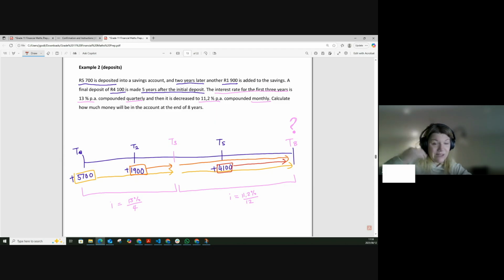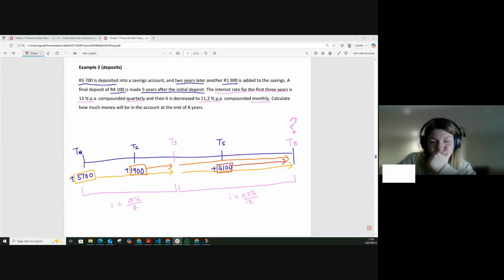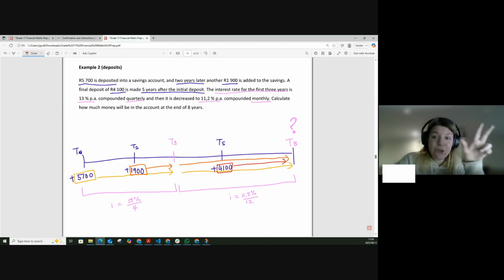Work out those 3 different amounts and then add them together. Once you have all 3 amounts, you can now add them together.